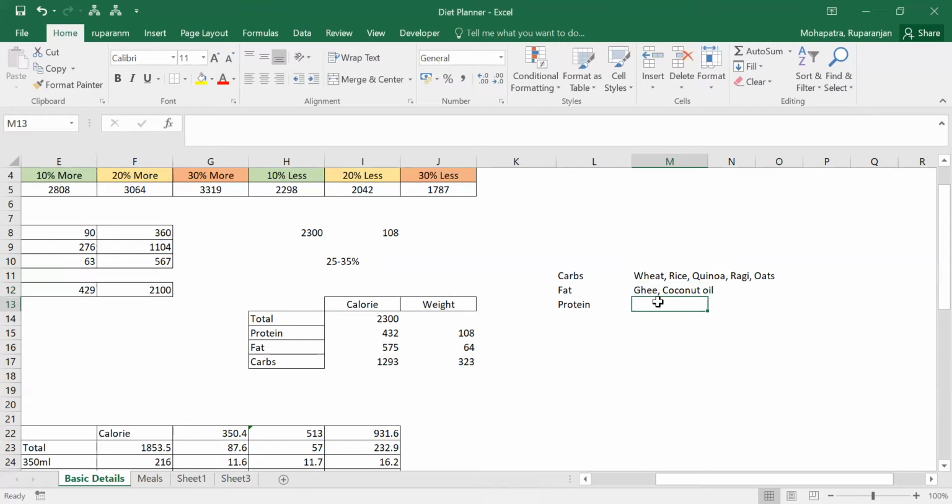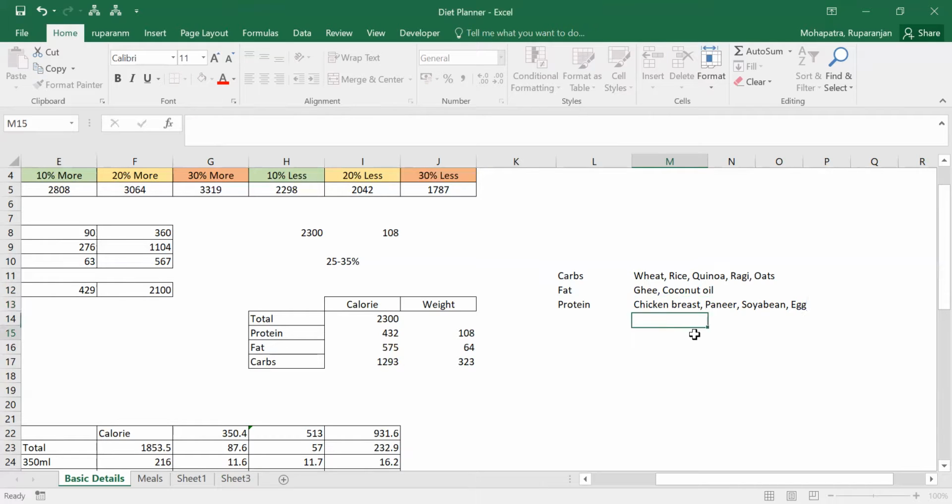Then there are protein sources. For protein, we can take chicken, chicken breast, paneer, soybean, eggs. Egg is a mix of protein and fat, that is also a good source of fatty protein.